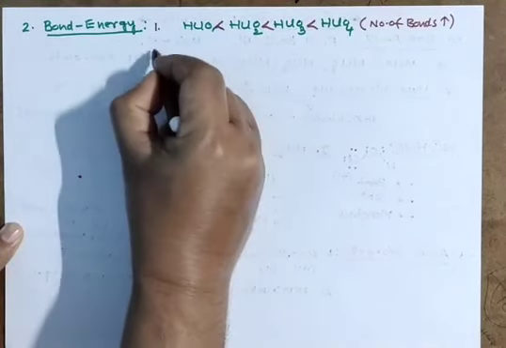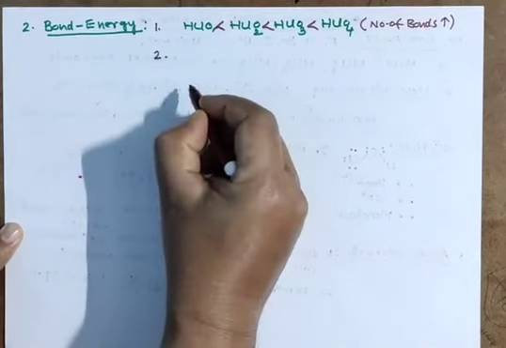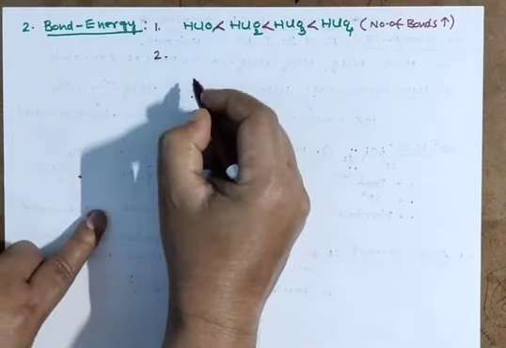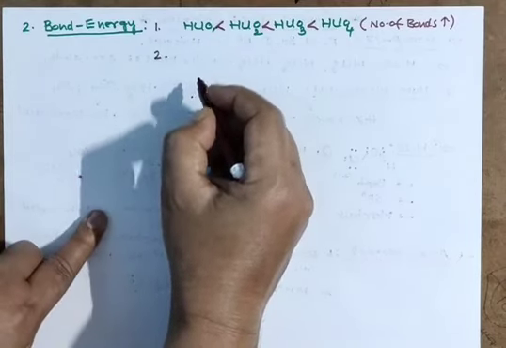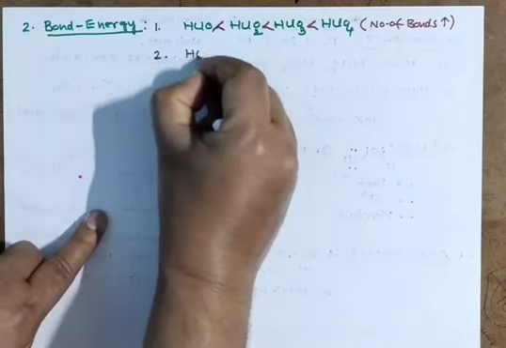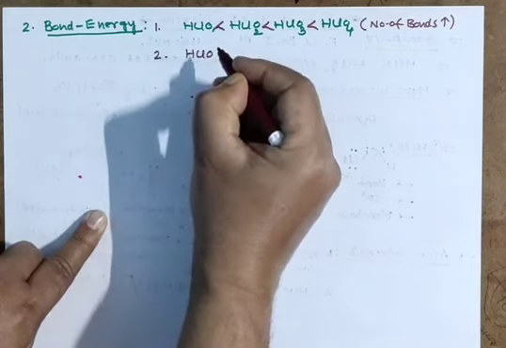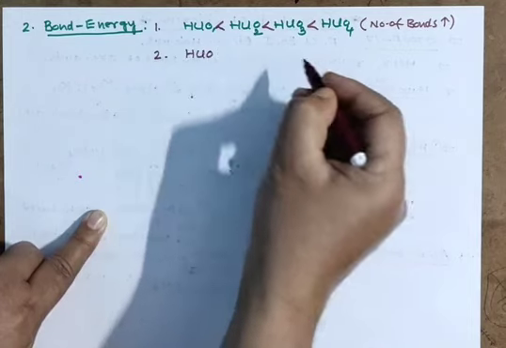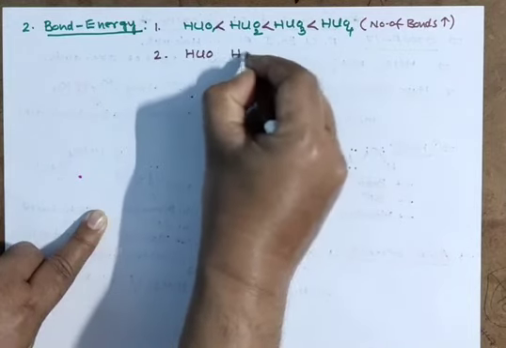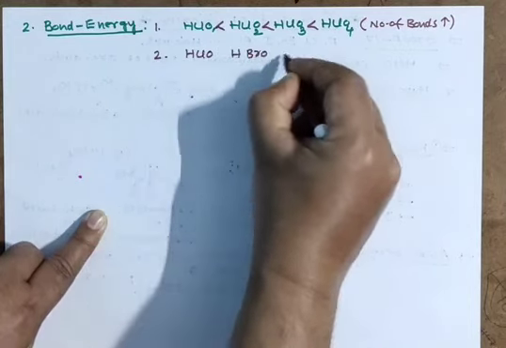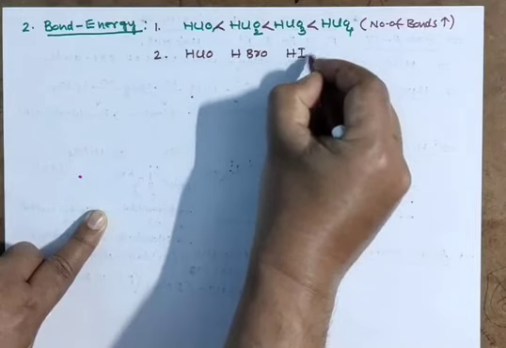If these have the same central atom, fine. If a different central atom is there, then how to discuss it? For example, HClO, HBrO, HIO.